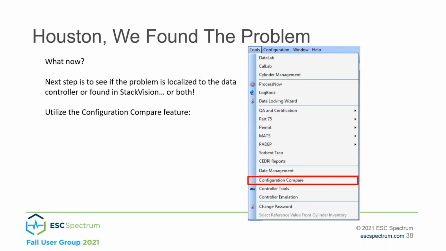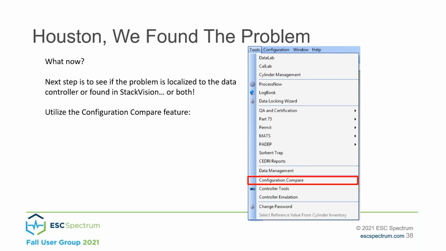Also, another note, if the data that you need originates from the data controller, viewing the data in the data controller is key, because that's where your critical data is starting from. And if that data is pulled into StackVision, there's always the potential for StackVision to use that data or calculate it, whatever. So data can change when it moves to StackVision.